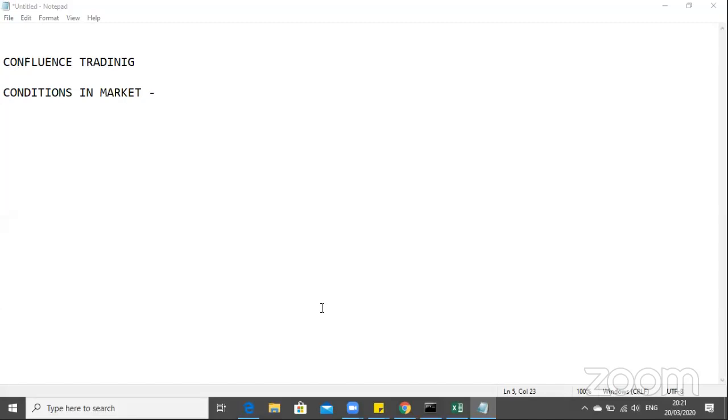So when it comes to the Forex market too, for you to place a trade, there are certain conditions that must be in place. Good.